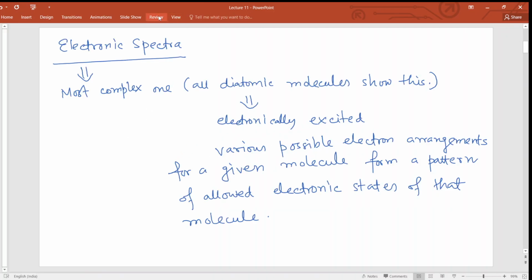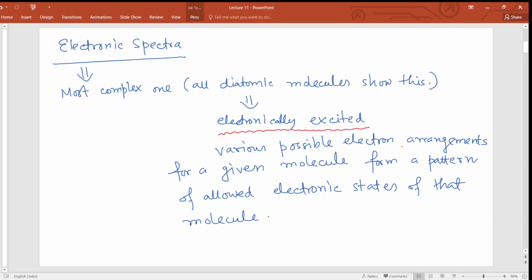So let's first look at what electronic spectra is. As the name says, electrons are involved. It is the most complex one out of these three, and all diatomic molecules show this. Whenever there is any kind of electronic excitation in a molecule, the various possible electronic arrangements for a given molecule form a pattern of allowed electronic states of that molecule.